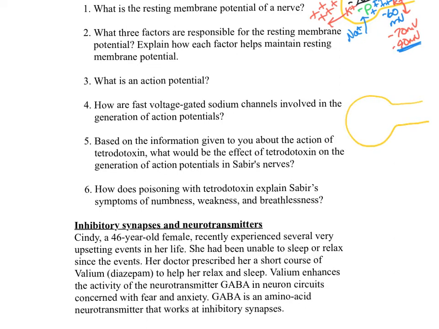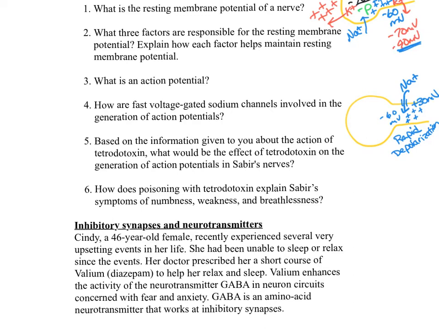Well, once threshold is reached, those voltage-gated sodium channels open up and sodium floods into the axon, bringing in positive charges and raising the potential all the way up to positive 20 to positive 30 millivolts. When sodium ions rush in, we call this rapid depolarization, and that is the active stage of the action potential.